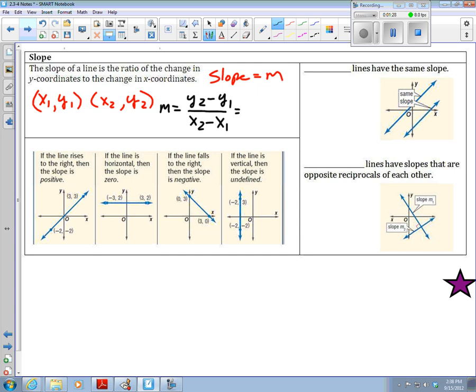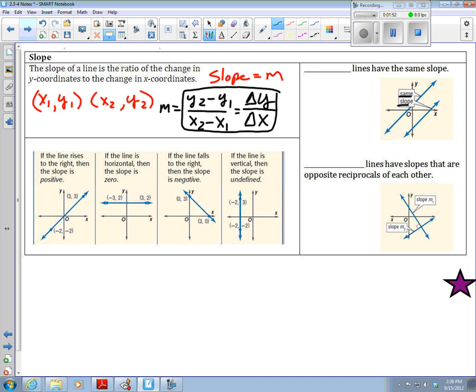A common phrase you'll hear me say is this: you take the y values and subtract them, or change. This is the Greek symbol delta, which means change. Change in y over change in x. And basically, it's just this formula right here, y sub 2 minus y sub 1 over x sub 2 minus x sub 1. We'll be using that in a minute.